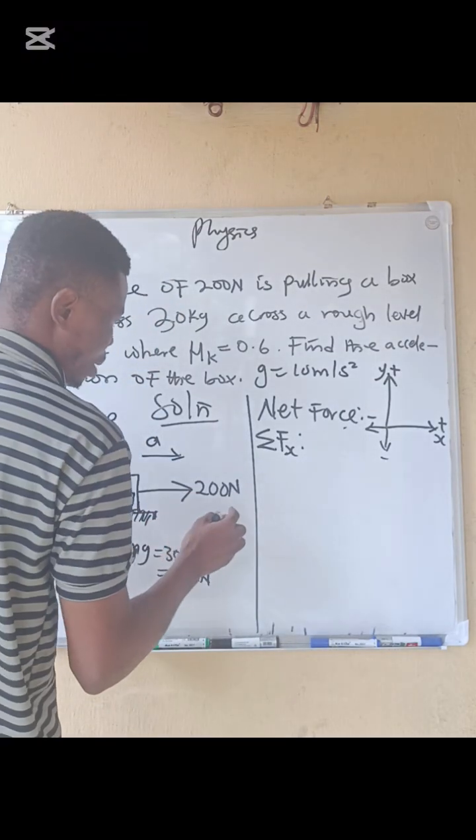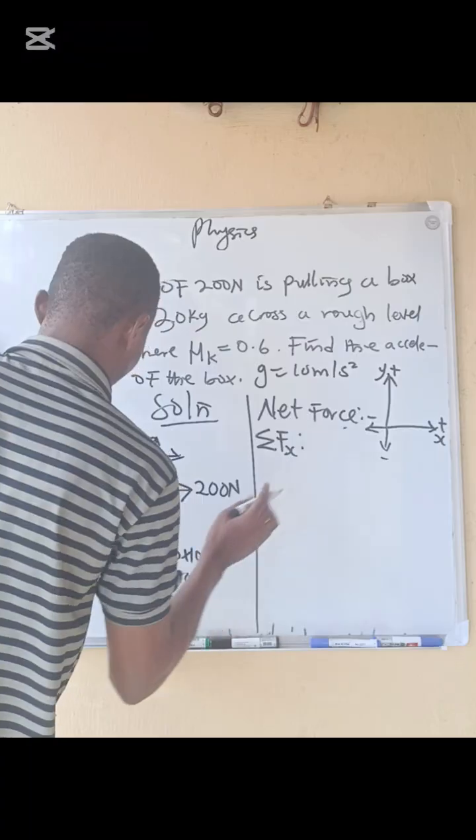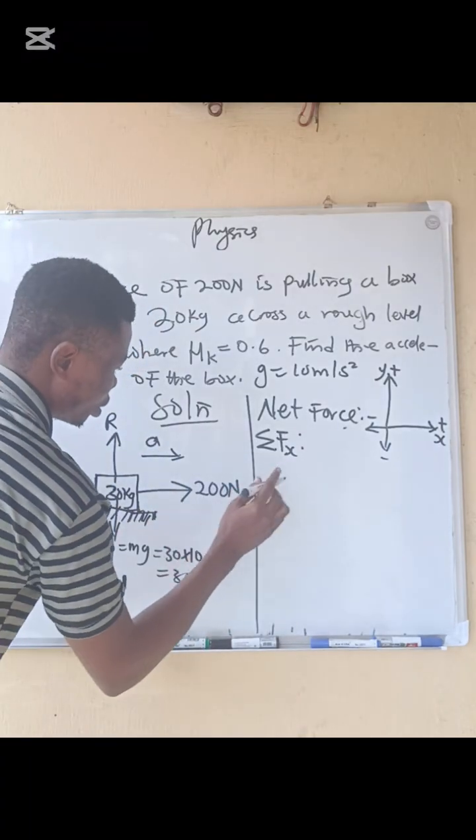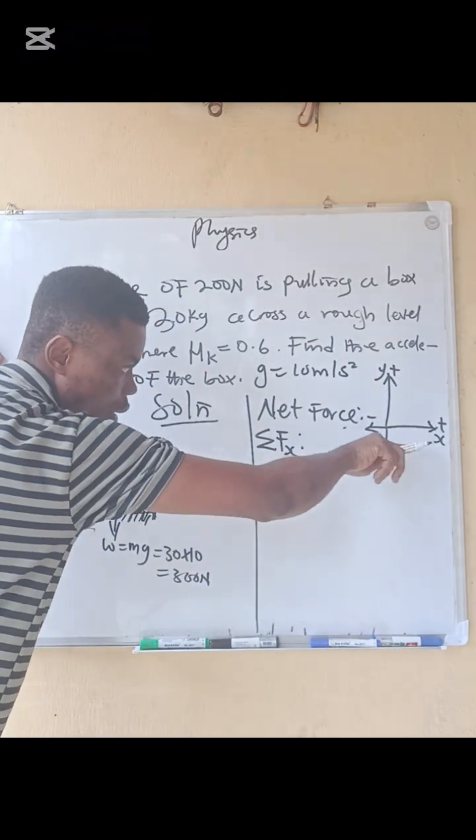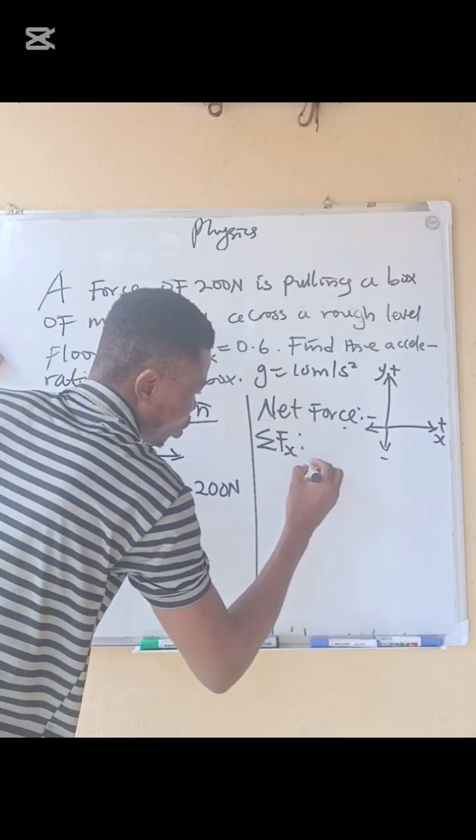For the horizontal part, resolving horizontally, this 200 is going to this side, the positive side, that is 200.